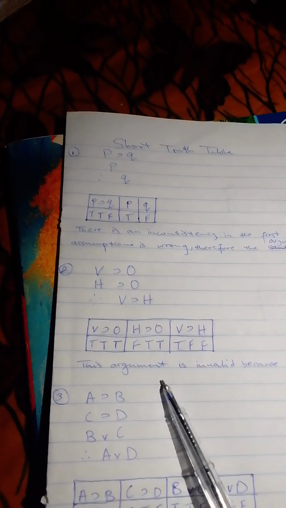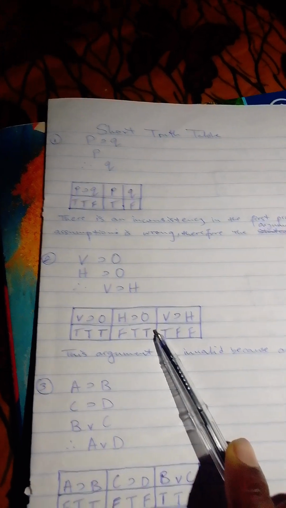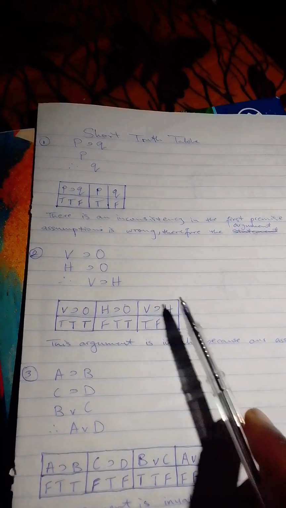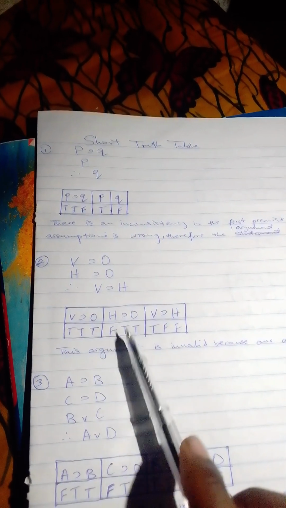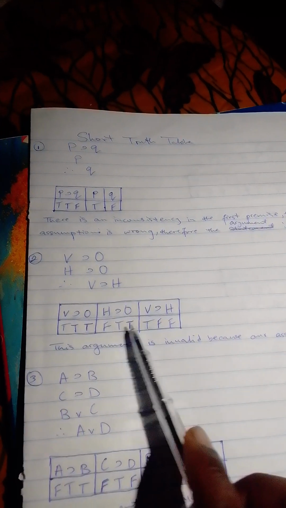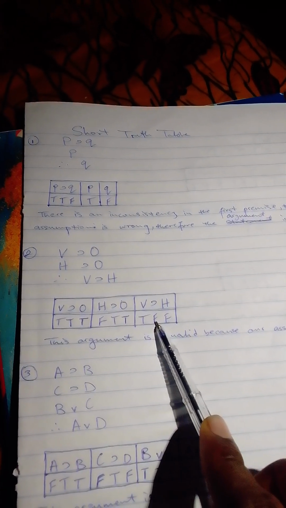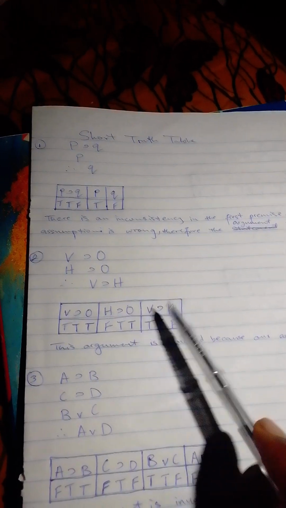So this argument is invalid because our assumptions are correct. There is no inconsistency in the argument. If you check the conditional, T and T gives T, F and T gives T, then T and F gives F. So our assumption is correct, therefore this argument is invalid.